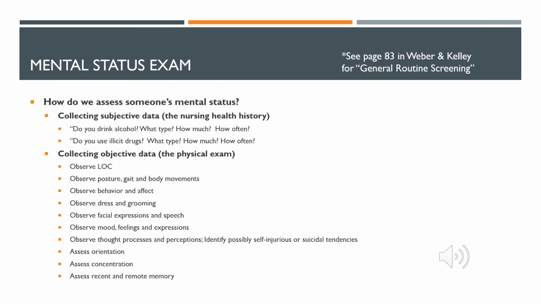Assessing orientation, and you'll be doing this by asking them, do you know where you are? Can you tell me your name? Can you tell me your date of birth? Do you know what day of the week it is? Who the president is? And we'll go through different questions that you can use to assess their orientation. In this mental status exam, you also need to observe your client for any type of suicidal ideations or any type of concentration or thought process deficits, and you will be assessing recent and remote memory.